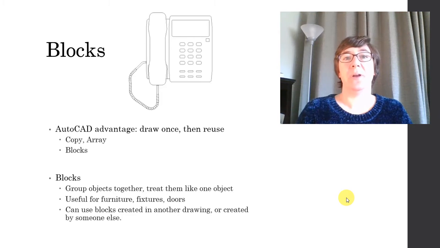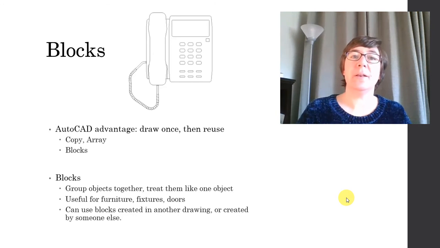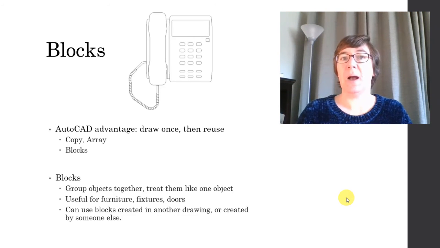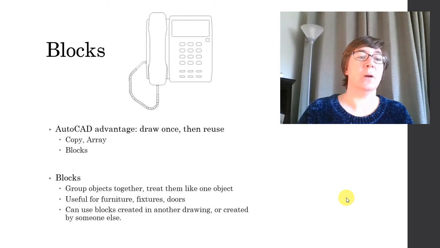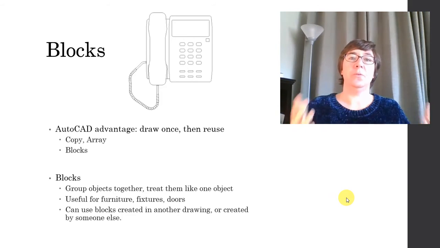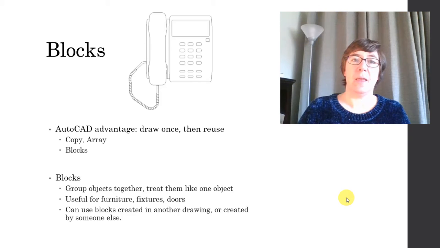One of the major advantages of AutoCAD is that once you've drawn something, you can reuse it. We've seen this already with the copy tool and the array tool, and now we're going to see it even more with blocks. Blocks are a way to group objects together, and once you've grouped them together in this block, they're treated as one object.